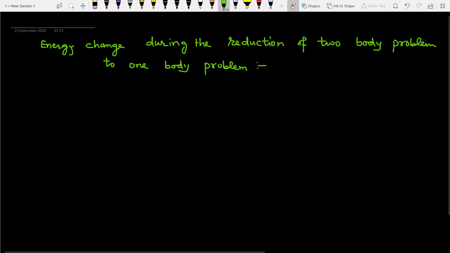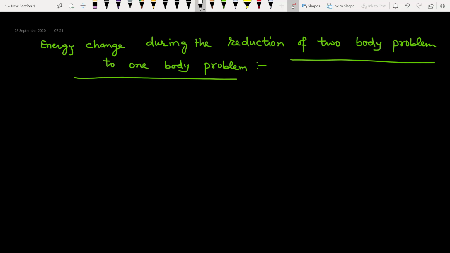So when we change the two body problem to the one body problem, there is a change of total energy. What is the value of that change? Because that has to be taken into consideration while solving the problems. So in this article we will derive the expression for the energy change taking place in the system on changing the two body problem to the one body problem.